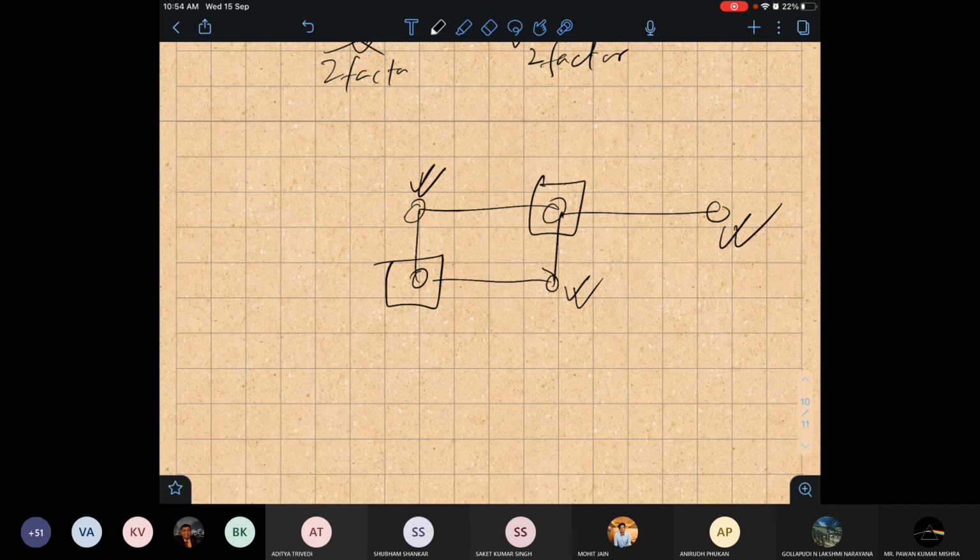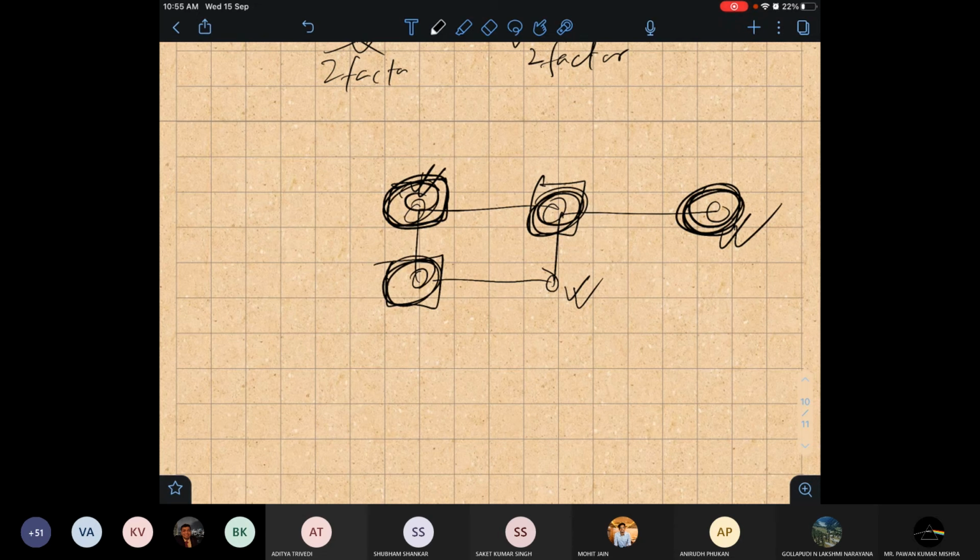So what have we shown in our two-factor algorithm? Suppose the optimal gives me two nodes. My algorithm will give me at most four nodes. Suppose my algorithm gave me these four nodes.